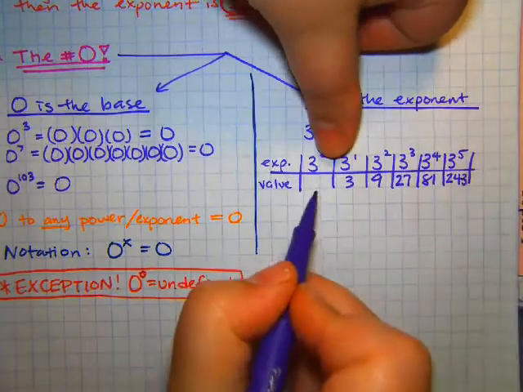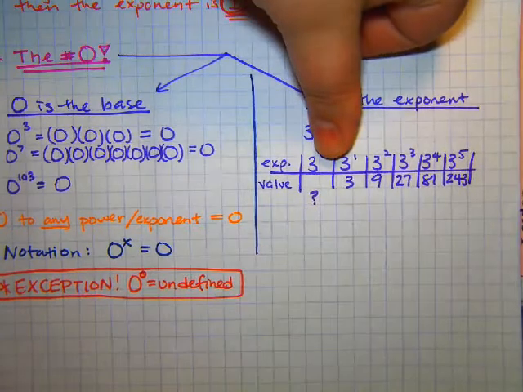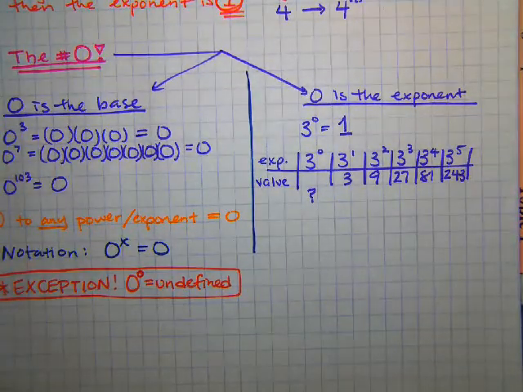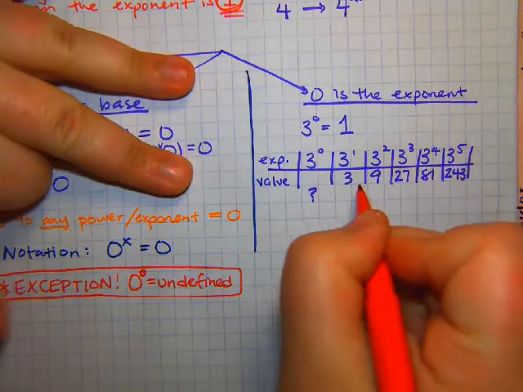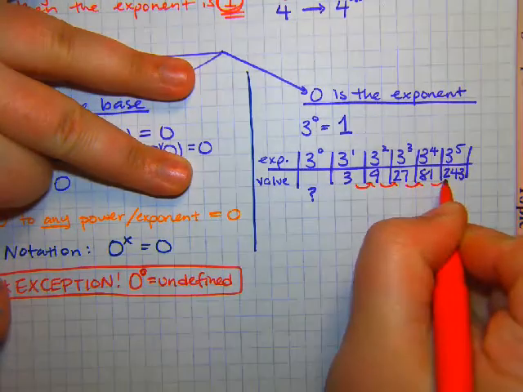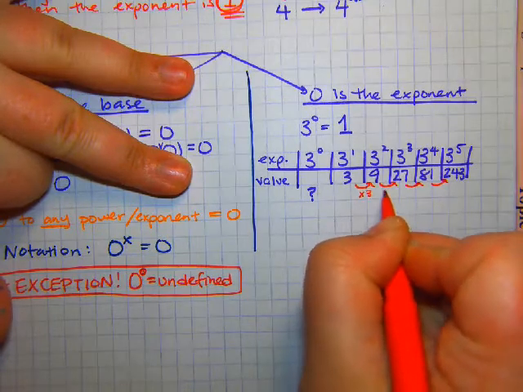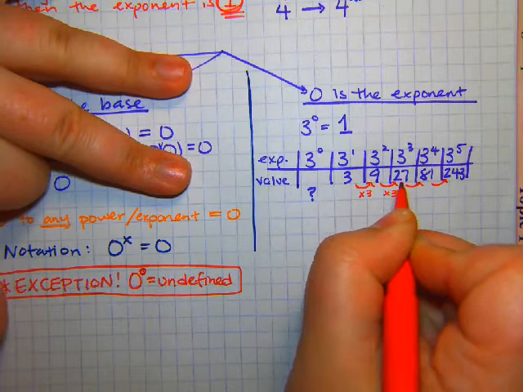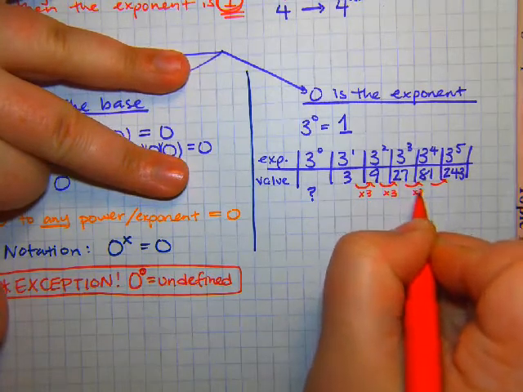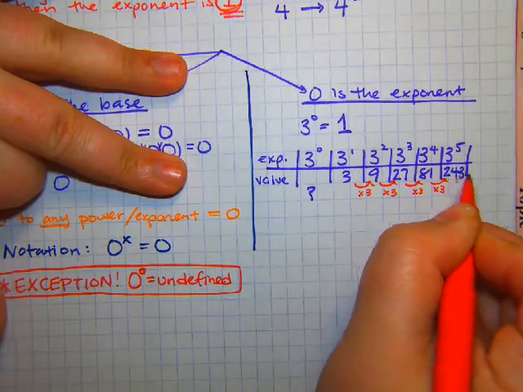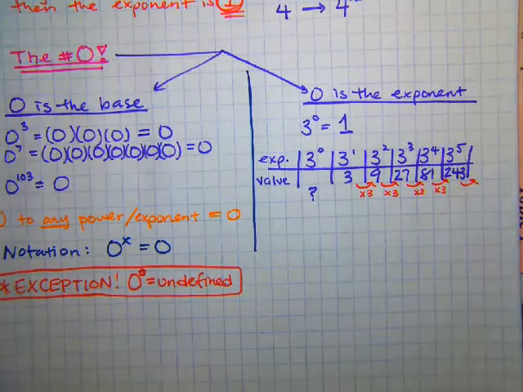Okay, so that leaves us the question, what in the world is 3 to the 0 power? Well, this has to follow a pattern. And the pattern is, as I move from left to right, I am multiplying by 3. 3 times 3 is 9. 9 times 3 is 27. 27 times 3 is 81. 81 times 3 is 243, and so on and so forth.